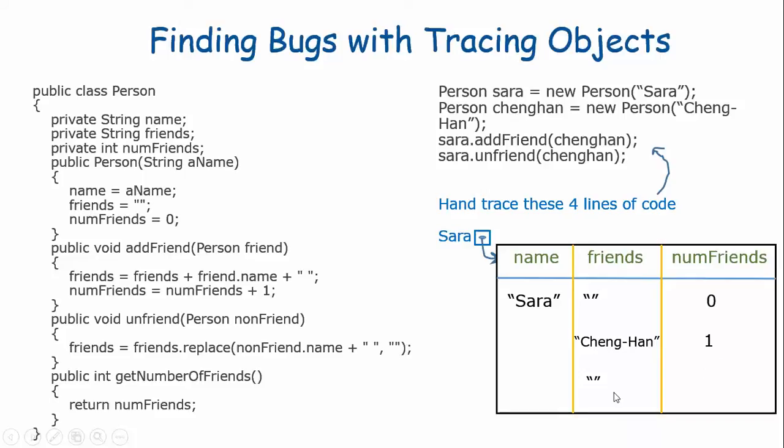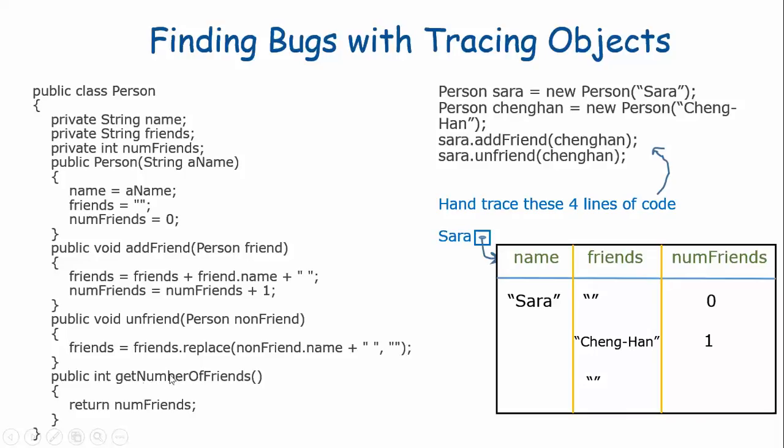Why? Because as you can see here, we have updated the num_friends value in addFriend, but we have not updated the num_friends value anywhere in unfriend.